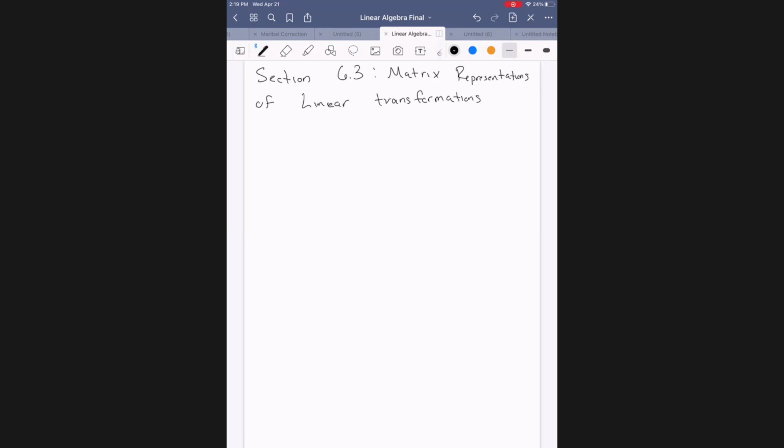So, question: how do you represent a linear transformation as a matrix?